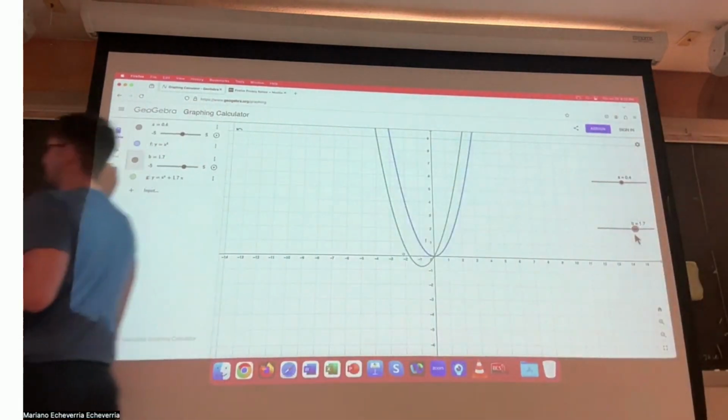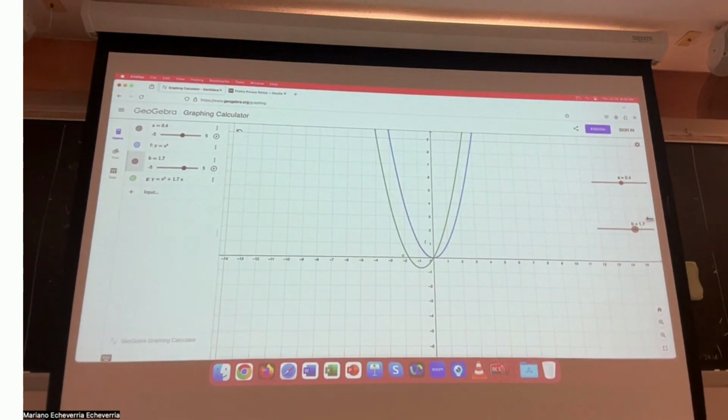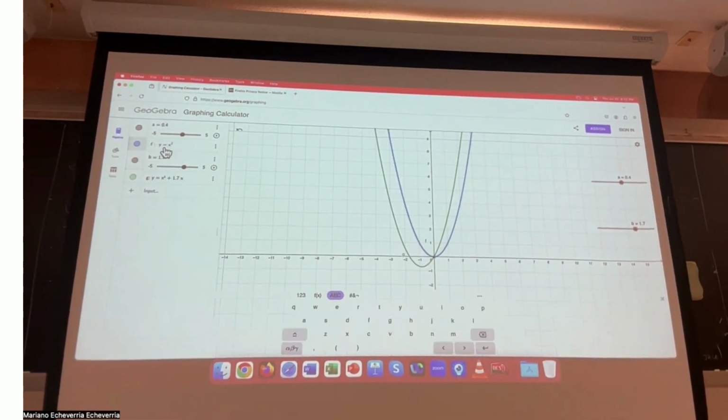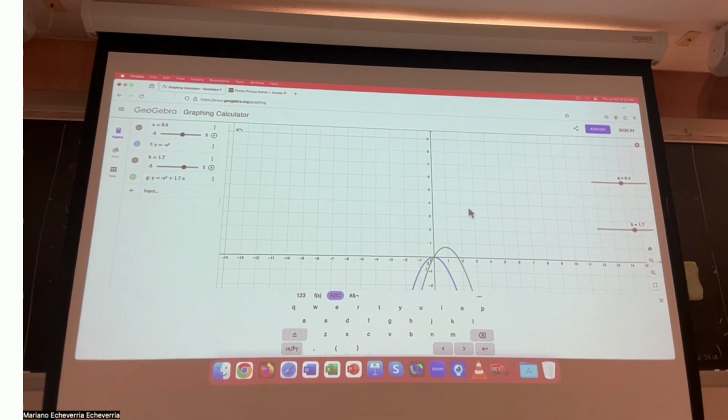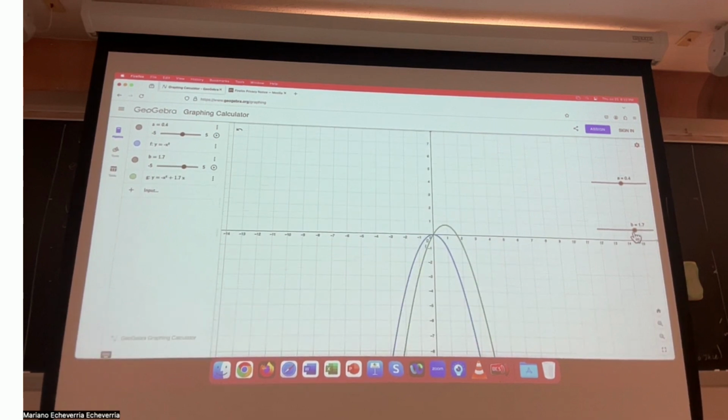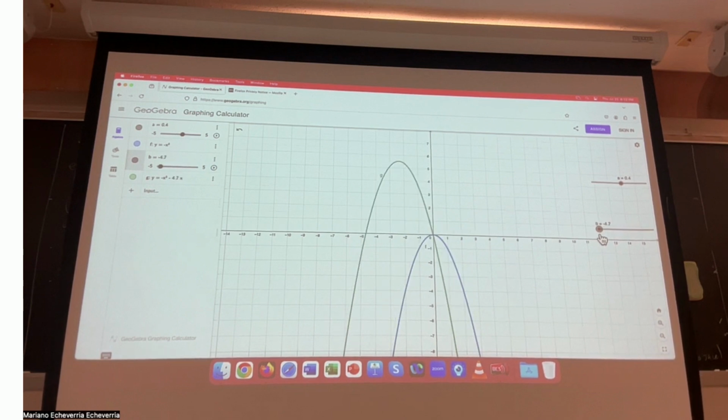If you had done this with a coefficient of a that's negative, like y equals minus x squared, it is exactly the same idea. It's a shift, but it's reversed.